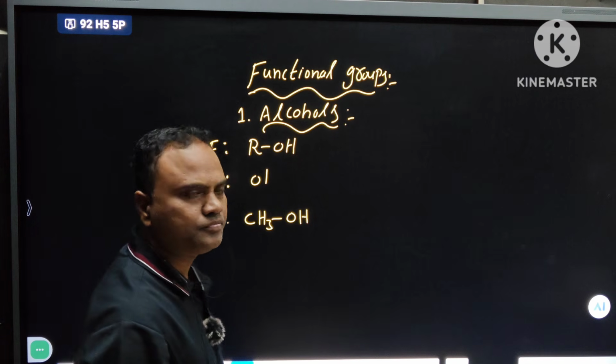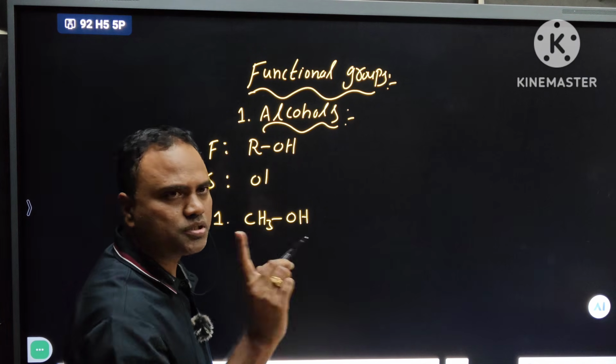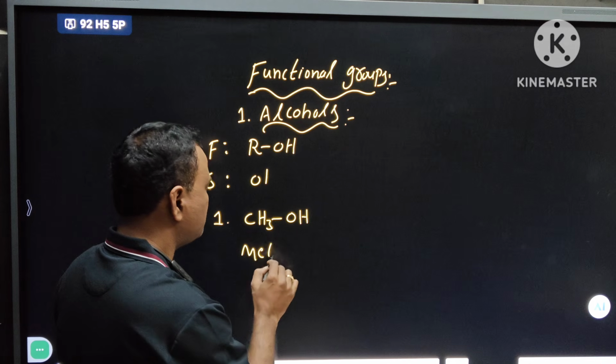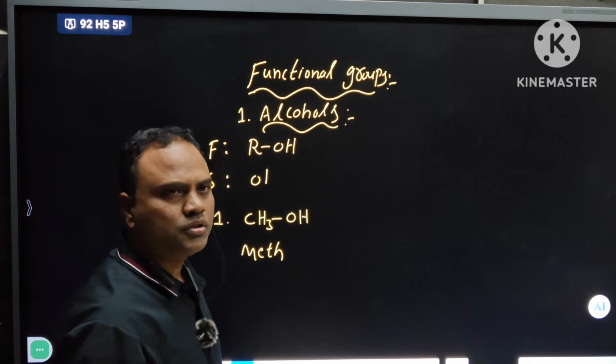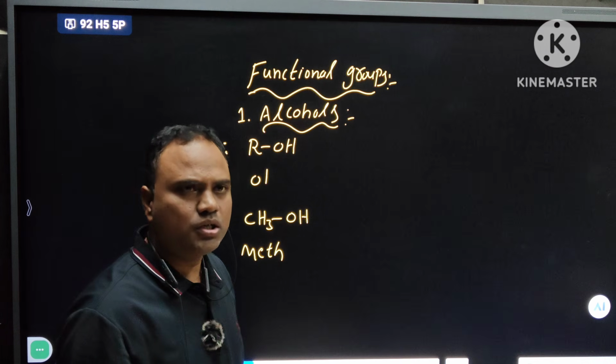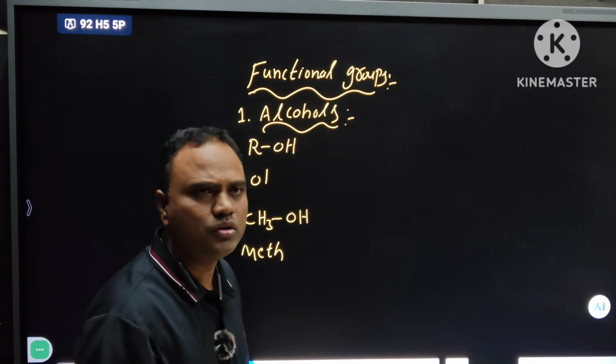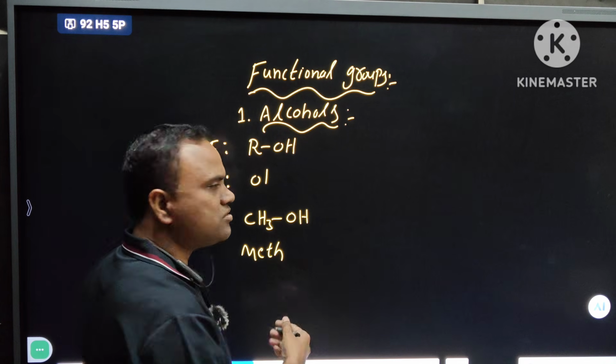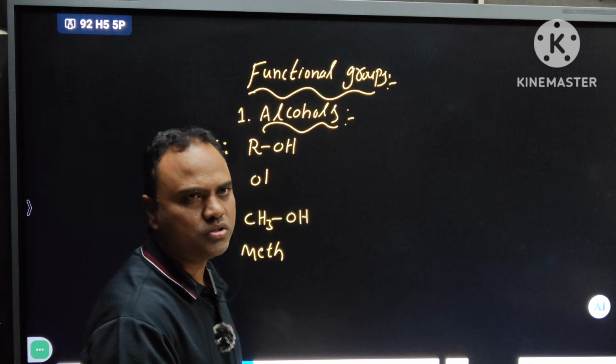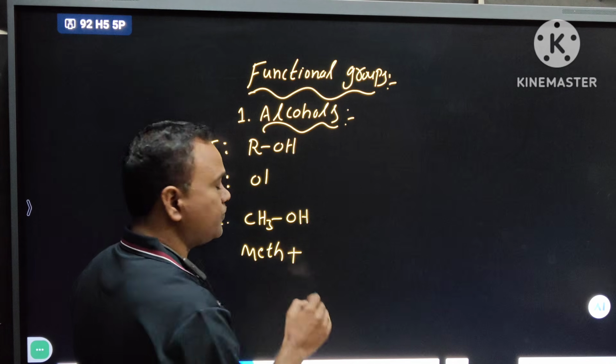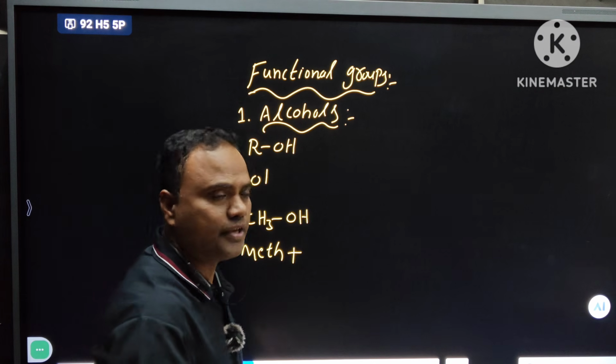CH3OH. How many carbon atoms are present? One carbon, so meth. Is there any carbon-carbon double bond? No. Carbon-carbon triple bond? No. Now consider all the bonds as single bonds. If all are single bonds, then we write ane.